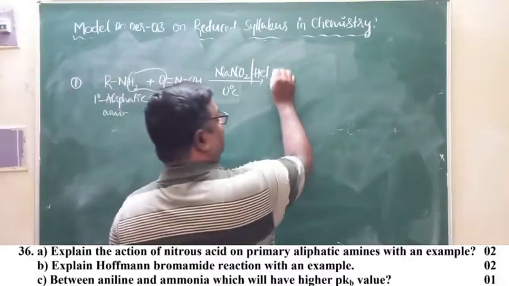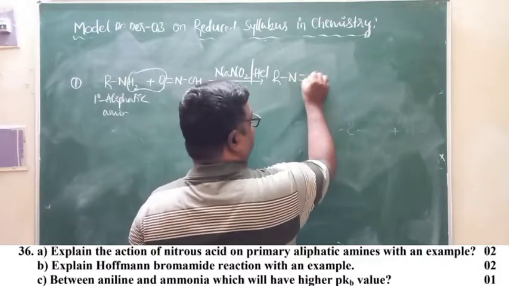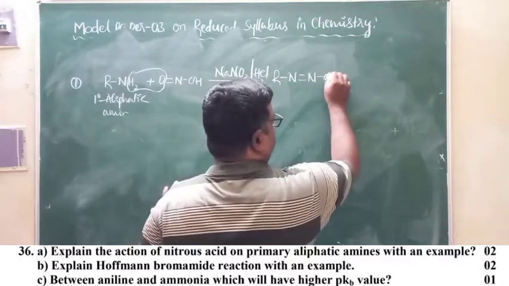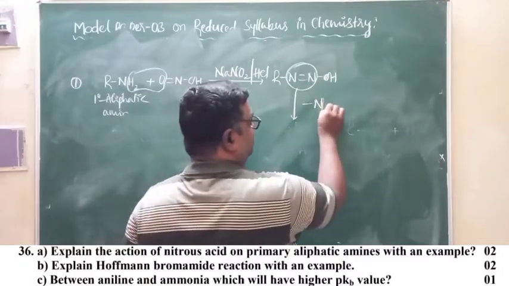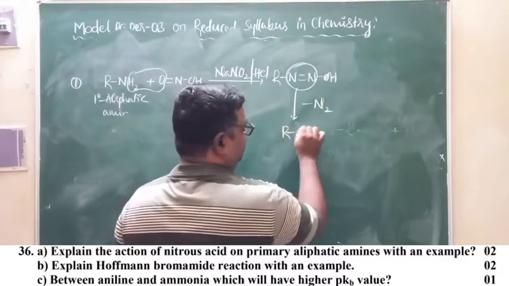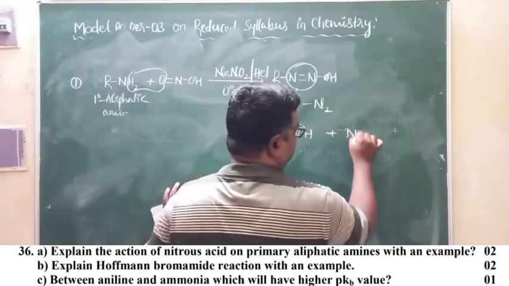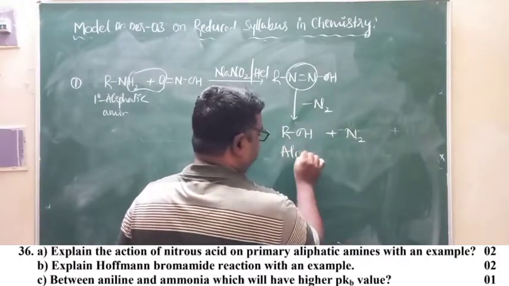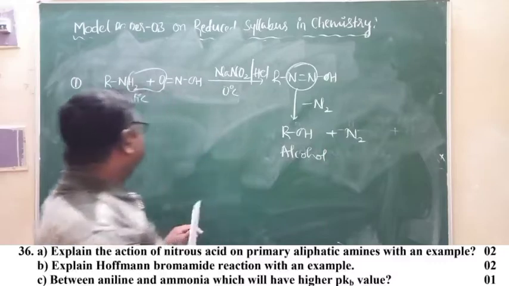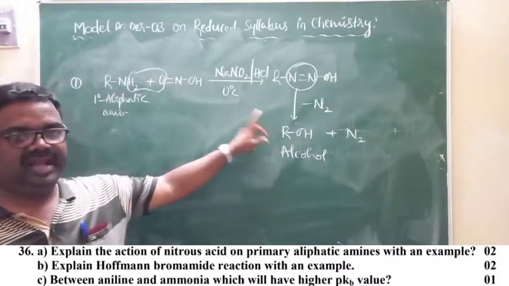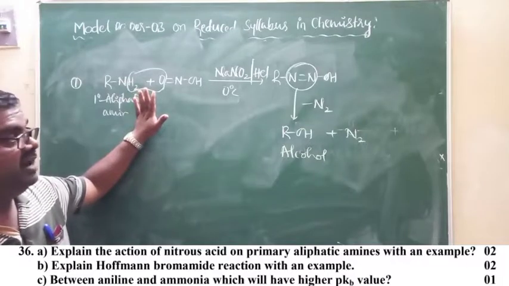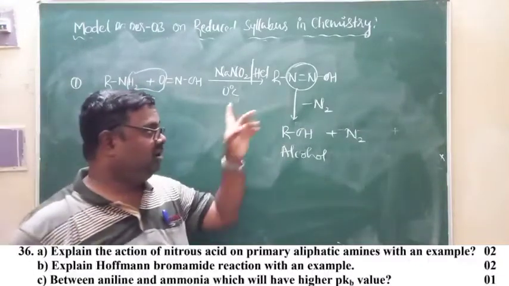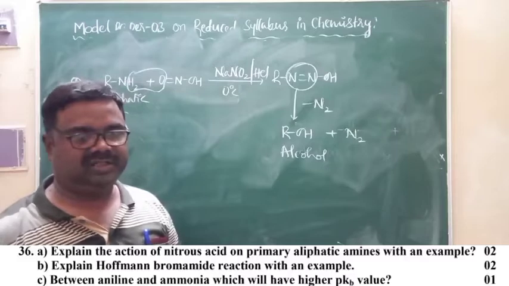You are going to get a compound that is unstable, N double bond N OH. Since this compound is unstable, it loses nitrogen gas and gets converted to alcohol. You observe that the NH2 group is replaced by the OH group. This is the action of nitrous acid on aliphatic primary amines. Aliphatic primary amines react with nitrous acid at low temperature to form alcohols.